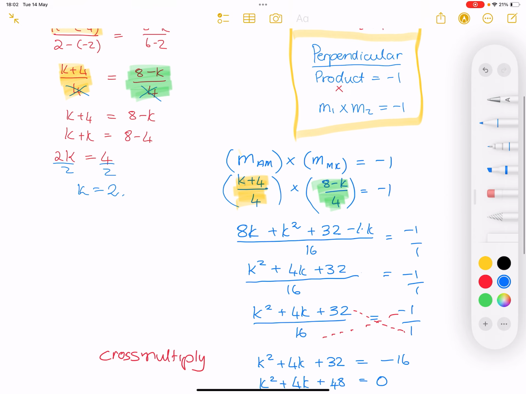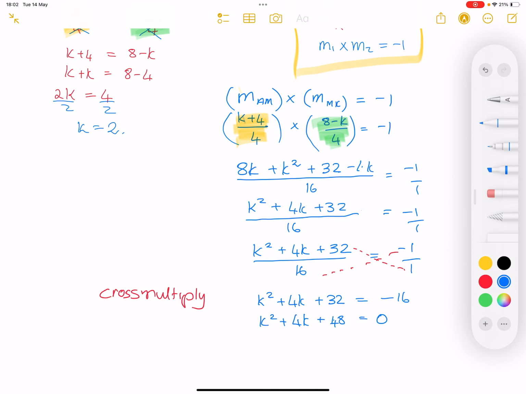Then in the second one, they say 12 over 8, the gradient. I've used the wrong gradient.